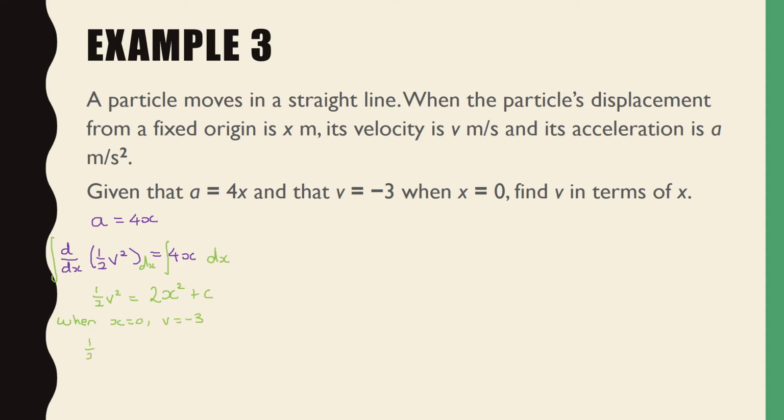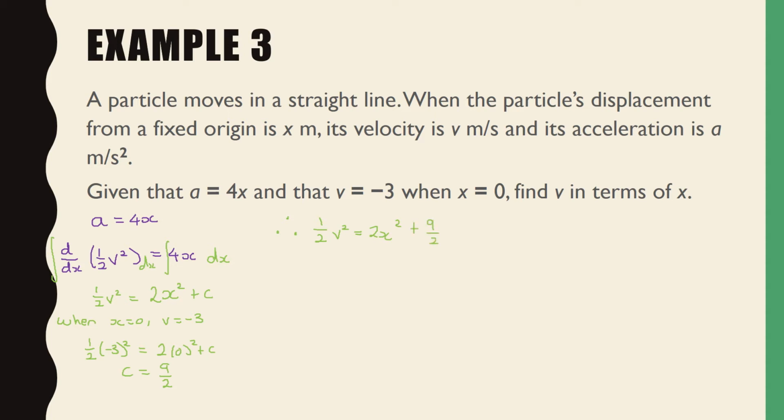So I'll get a half lots of -3 all squared equals 2 lots of 0 squared plus c. So that means c will be equal to 9 over 2. So a half v squared equals 2x squared plus 9 over 2.